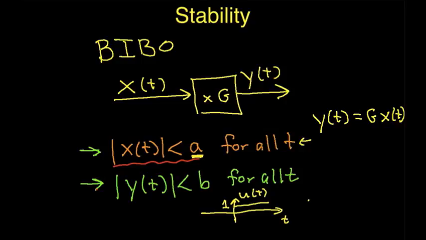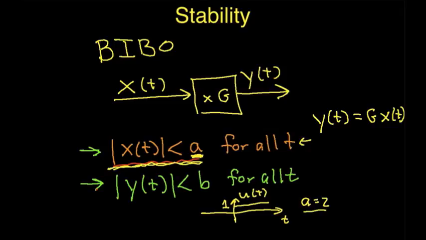Then say I pick a equals 2. Well, if a is equal to 2, then clearly the absolute value of u of t is either 0 when t is less than 0 or 1 when t is greater than or equal to 0. So I could pick a value of a equal to 2, and this inequality here would be satisfied.